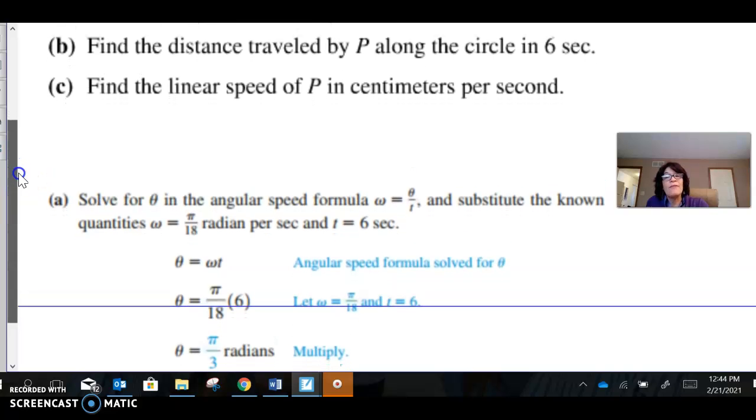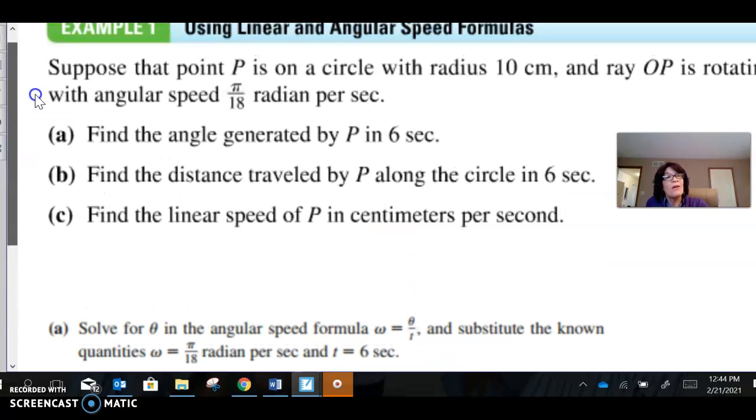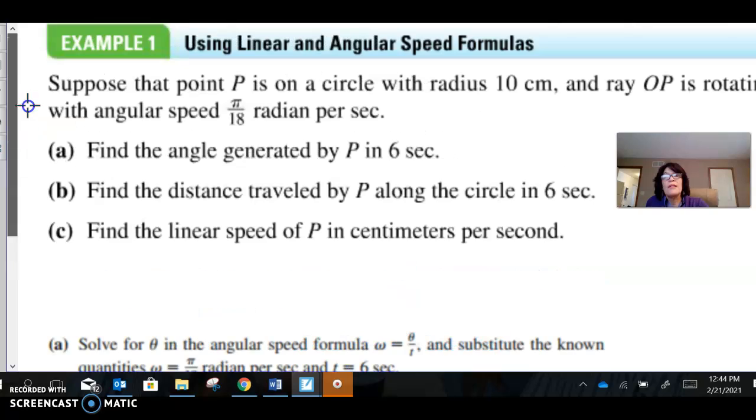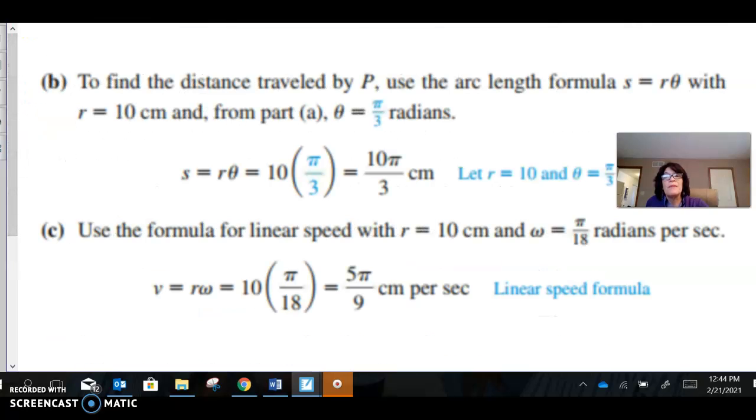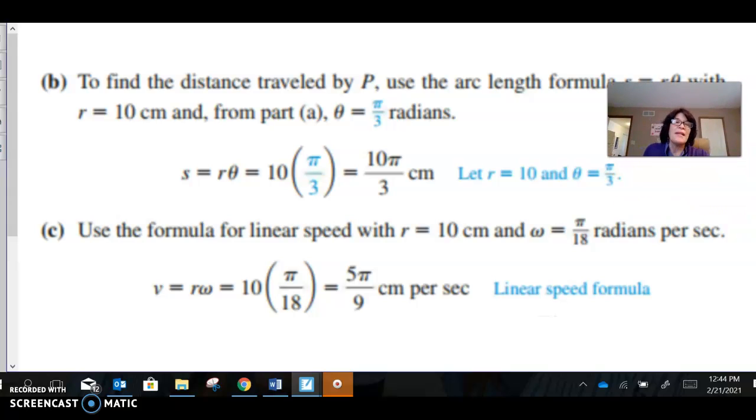The distance traveled, if we want to know what S is, it's r theta, correct? We're not on a unit circle anymore. The radius is 10. So for letter B, I'm going to have to take r times theta. So 10 times the theta we just found, pi over 3. 10 pi over 3, I usually would figure out what that is.